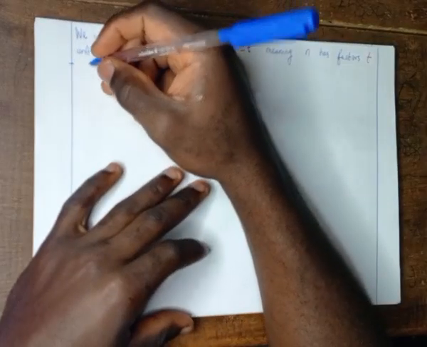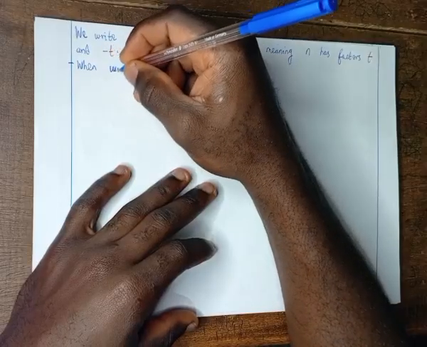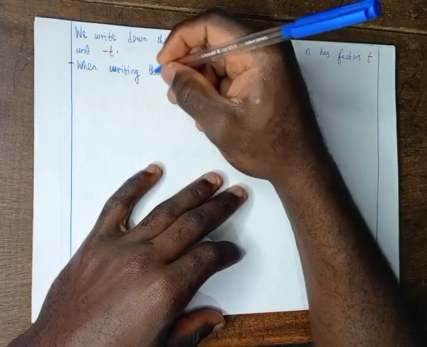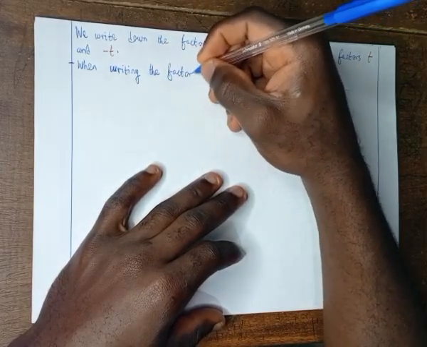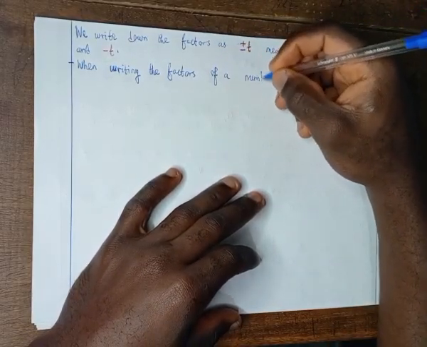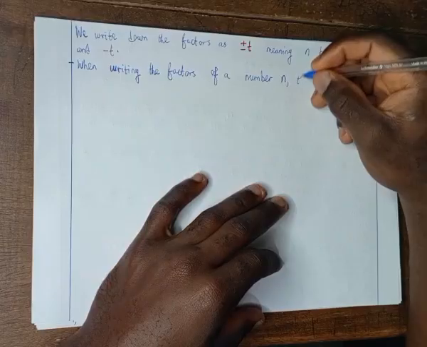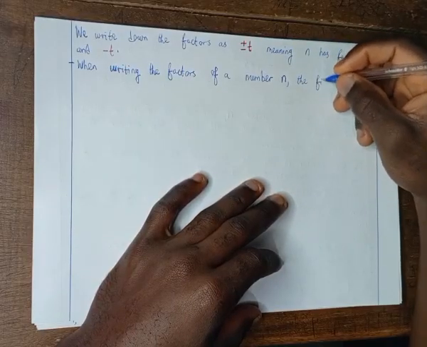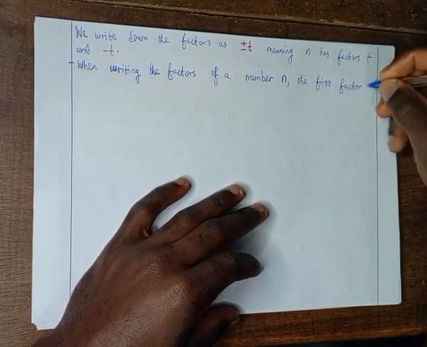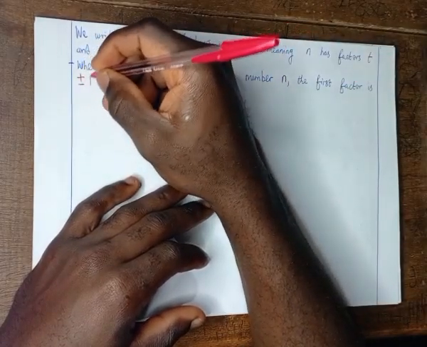Next, when writing the factors of a number n, the first factor is, take note of this, plus or minus 1.